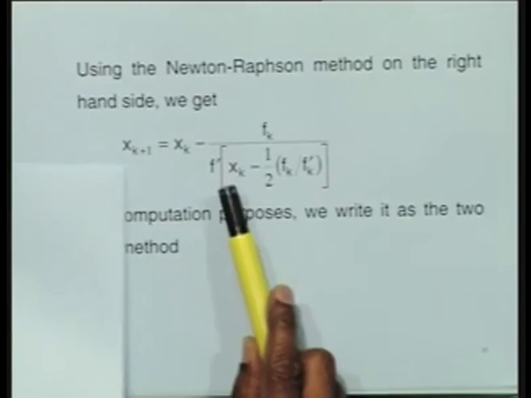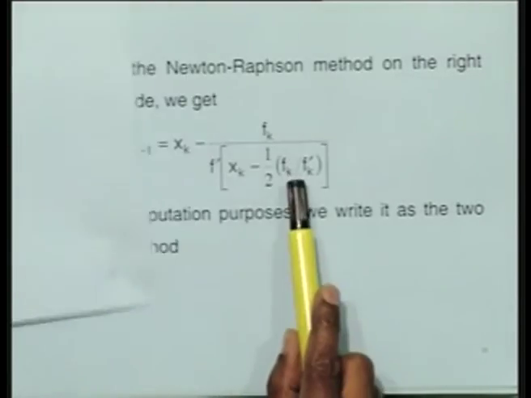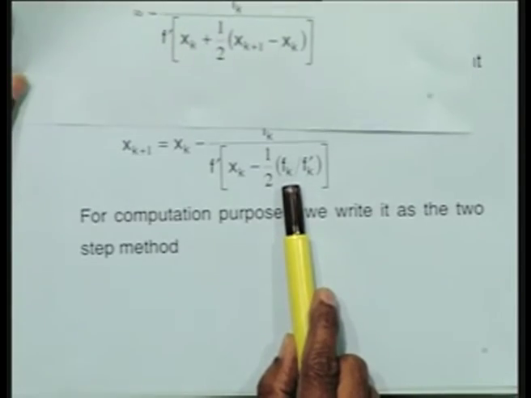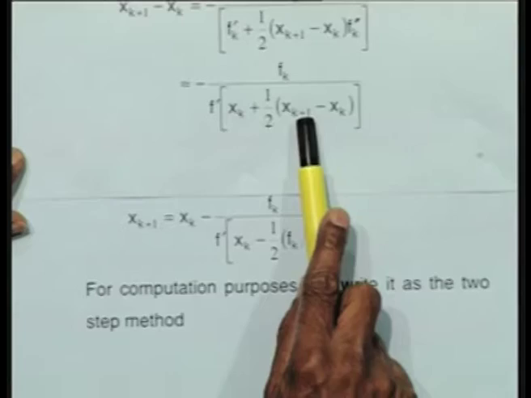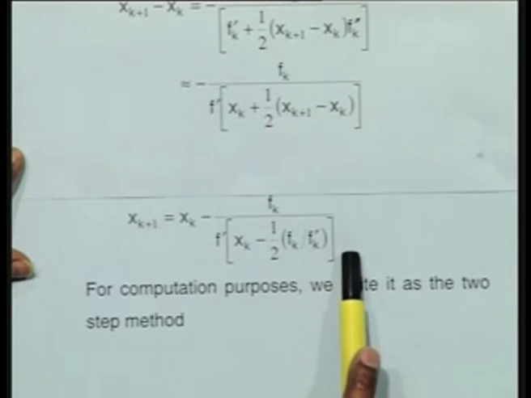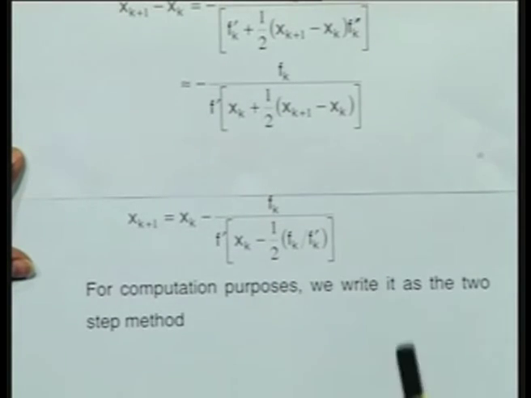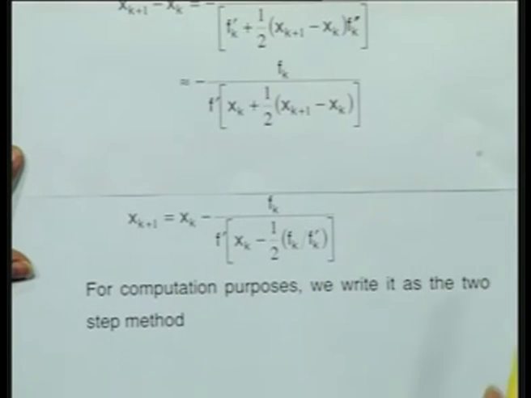So, this is being replaced by minus fk by f dash k. Now, this method is of the same order as the Chebyshev method. The order does not fall down, the order is 3.